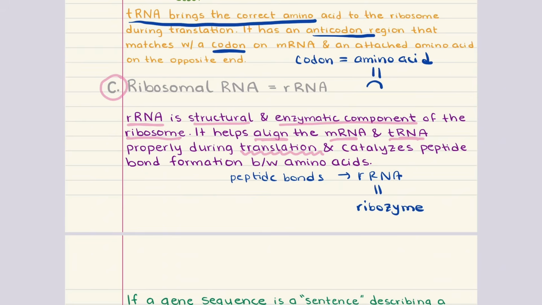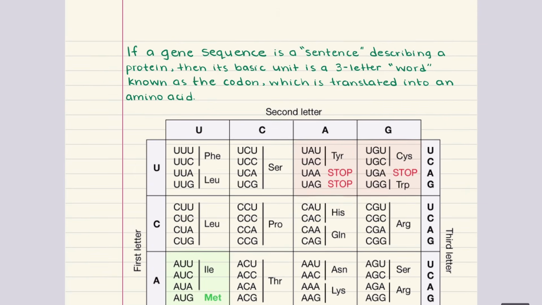So together, messenger RNA, transfer RNA, and ribosomal RNA form the core machinery that allows cells to read genetic information and build proteins. Now that we understand the roles of the different types of RNA, let's really talk about how the information in messenger RNA is actually read and translated into a protein.